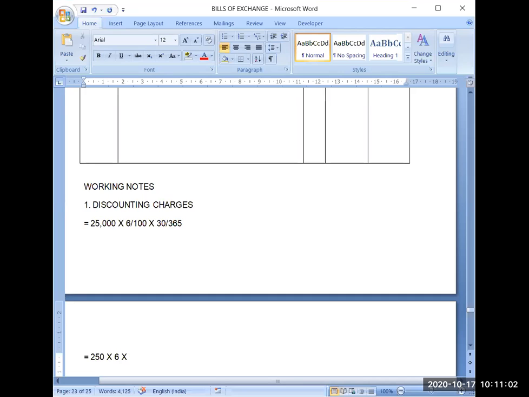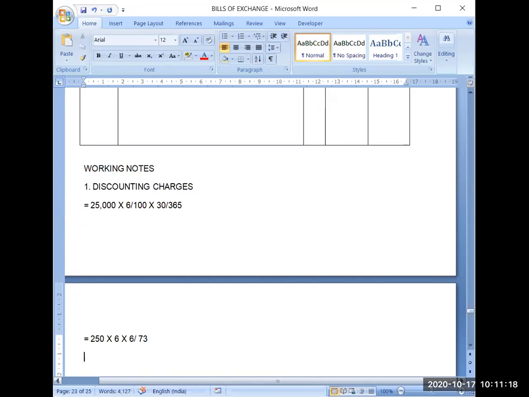So we can easily cut it by 5. 5 6 is 30 upon 5 7 is 35. This one 6 upon 73. If I will further simplify it, it will become 1500 multiplied by, we can again cut these numbers by 3, but it will not be divisible by 3.